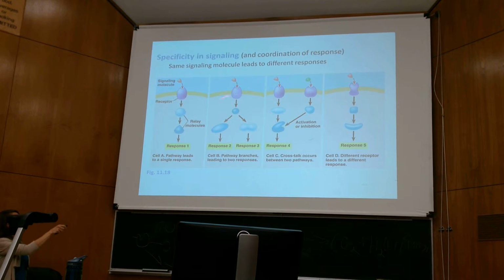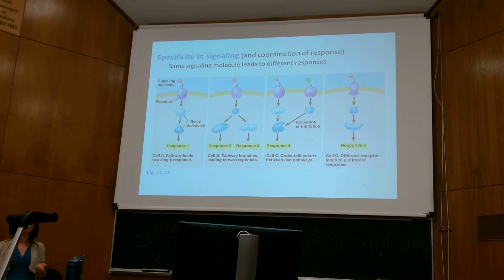So we can get this relay molecule goes to response 1, and here, this might activate 2 different other pathway molecules that would create 2 different responses. So it could actually branch, and one signal could give 2 responses, depending on what happens in the interior, what your pathway molecules are.